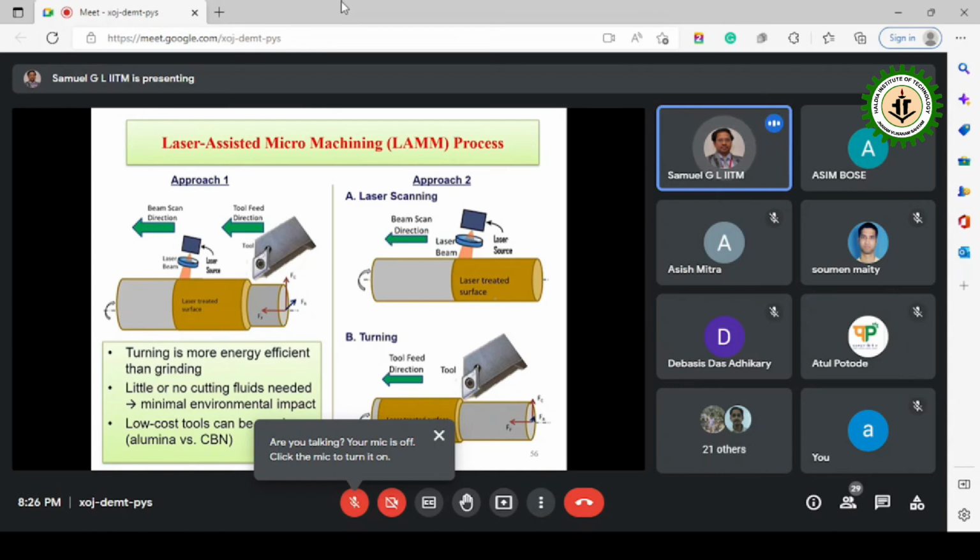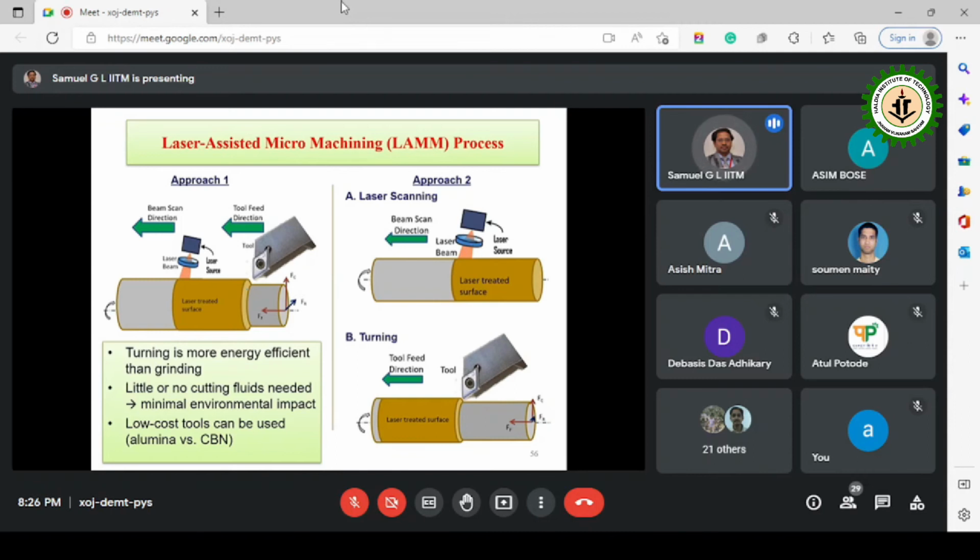Now he's in the US. By using the laser, we can heat the very hard material before the tool comes into contact. As the tool is moving forward, the laser will move just a phase before that and keeps heating, and thus we'll be able to remove the material more easily.